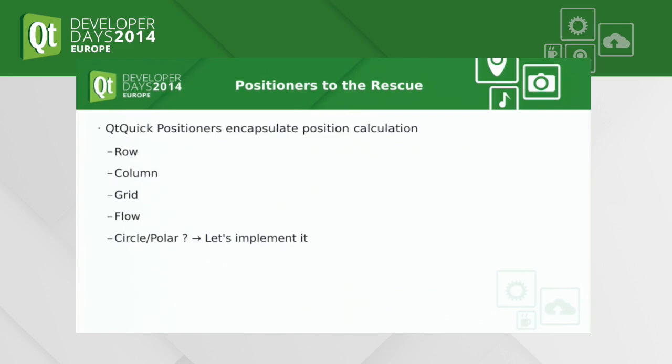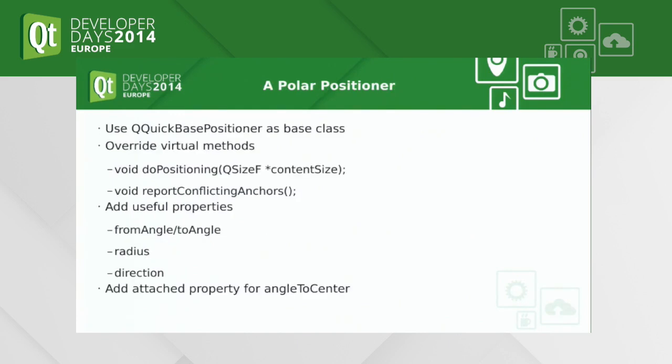Okay, so if it doesn't exist, I thought, well, I could try to implement it myself. When you look at the source code of Qt, you will see that all the existing positioners, the Grid, Column, Flow, and Row, all have a common base class that is called QQuickBasePositioner.